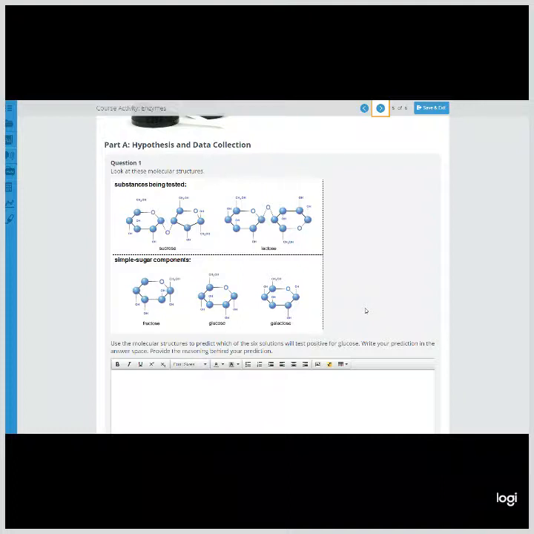You'll use the simple sugar components and see if any of them are in the substance you're testing. Then you'll create a hypothesis using the molecular structure that predicts which of the 6 solutions will test positive for glucose. Write down your prediction and provide your reasoning behind it.